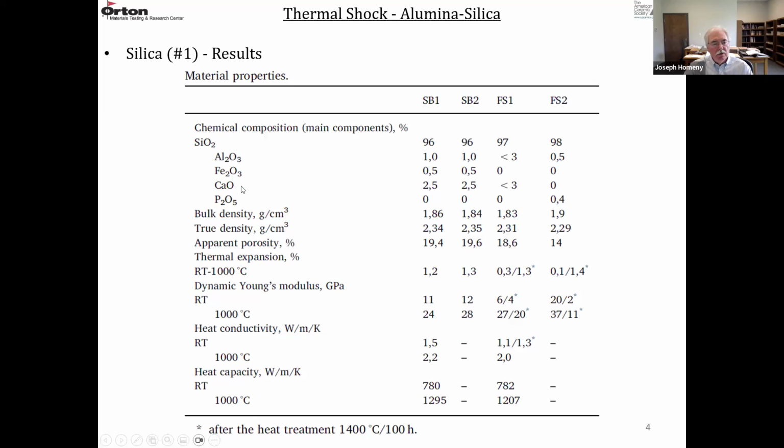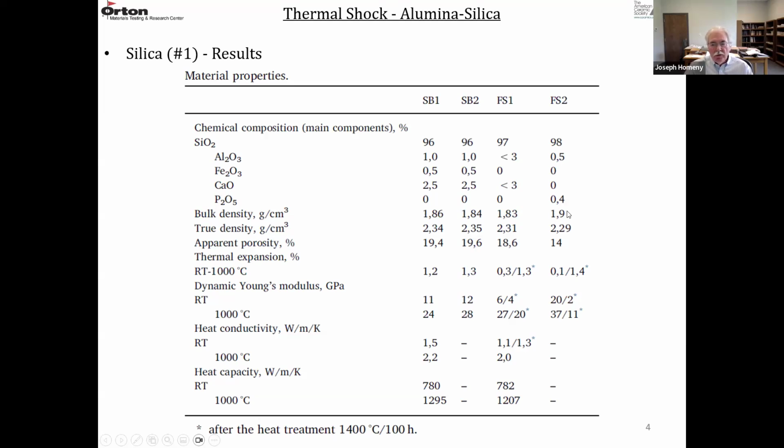And then you see there's alumina and calcia less than 3%. And that comes from the calcium aluminate cement binder. And then FS2 is about 98% silica. And then the mono aluminum phosphate, you see the aluminum oxide and the phosphorus oxide over here, 0.5 and 0.4. So those are the materials.